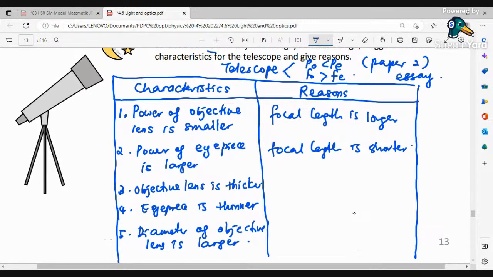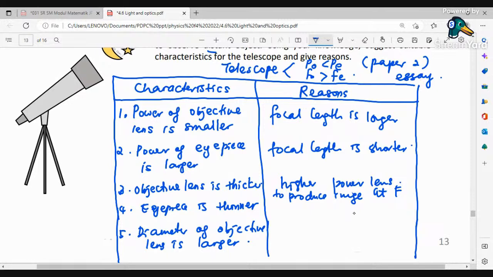Kalau you nak repeat balik pun boleh juga sebenarnya. Can focus the image to produce it at a focal point.